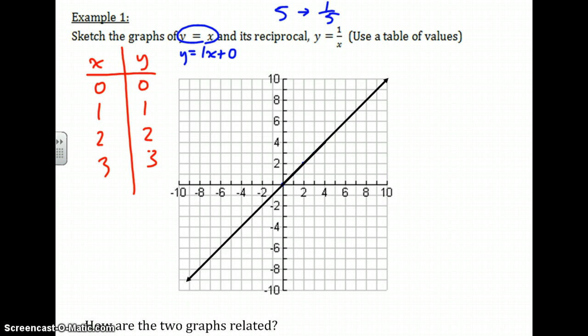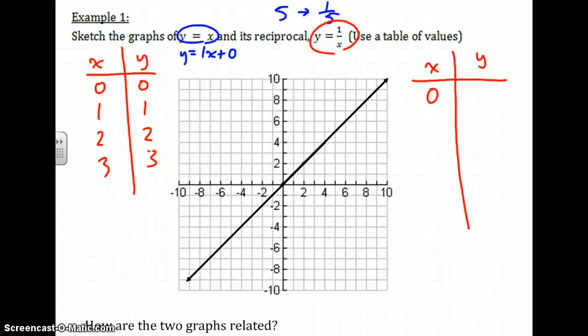Okay, this other one, y equals 1 over x. For this, let's use a table of values. So if we have x and we have y, say x is 0. Well, it's going to be 1 over 0, which we should realize is undefined. So that point doesn't exist on this graph.